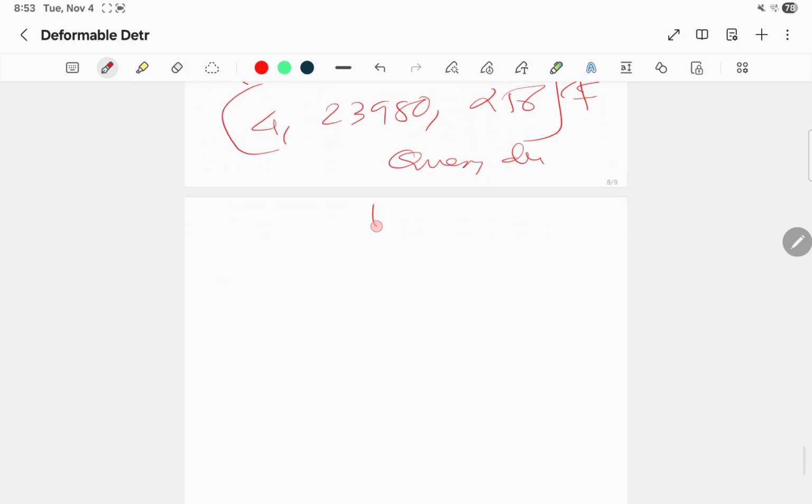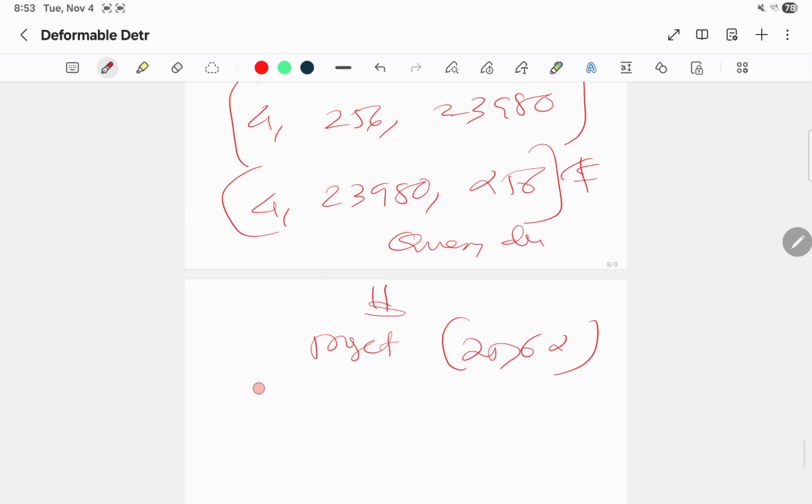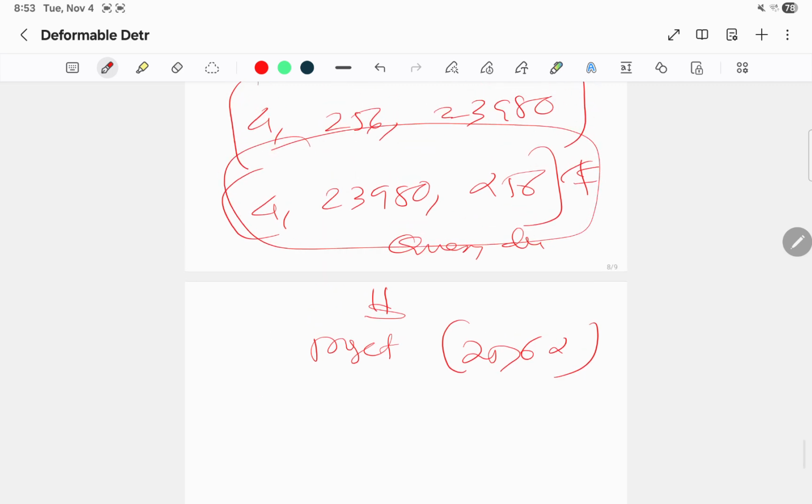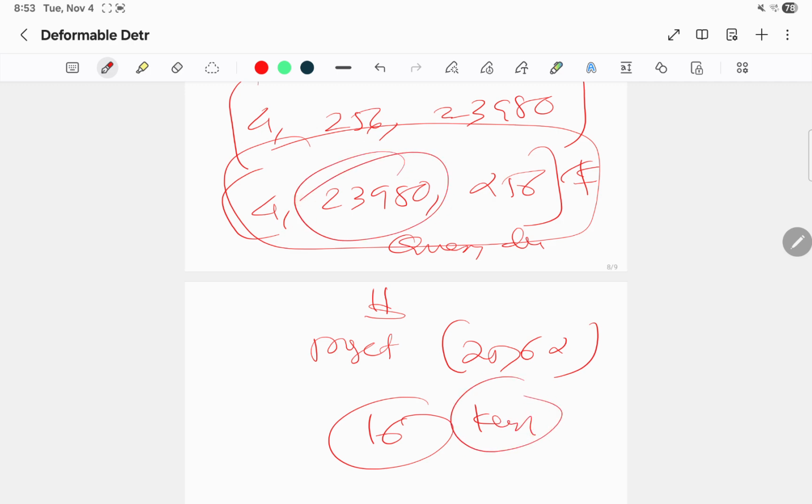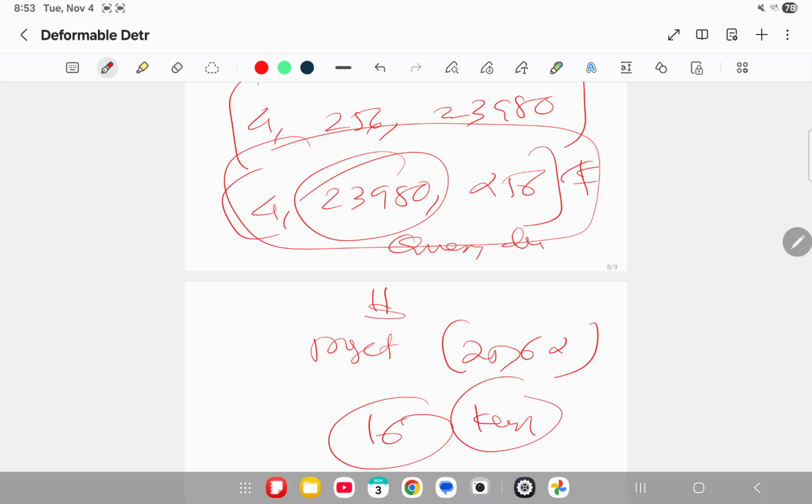Then this will be passed through a projection layer, which is 256 comma 256. That is the same as the self attention. What you want to understand is, we end up here by only attending to 16 keys and not all the keys. That is what this deformable attention is doing.